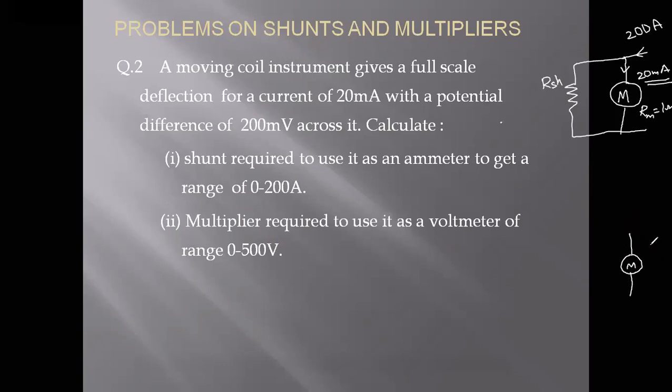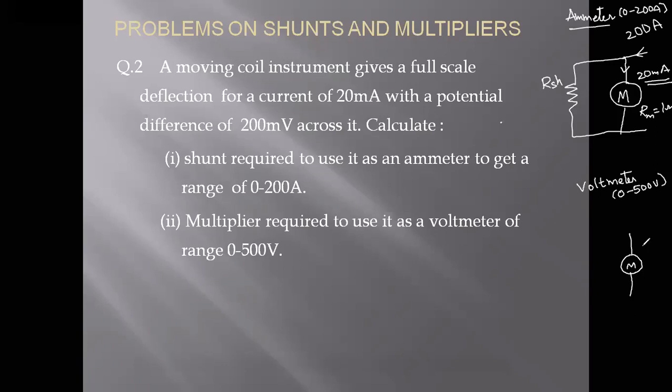And how can you use it as an ammeter? So the above circuit is for the meter to use it as an ammeter to measure the range 0 to 200 amperes. And now we are going to see the connection for the same meter to act as a voltmeter for the range from 0 to 500.